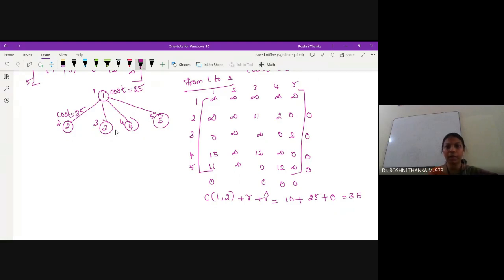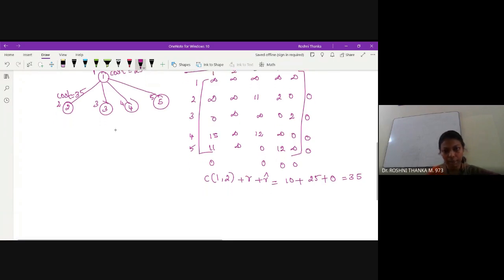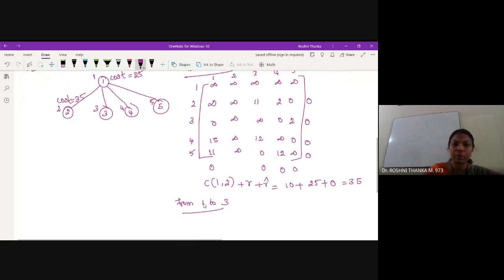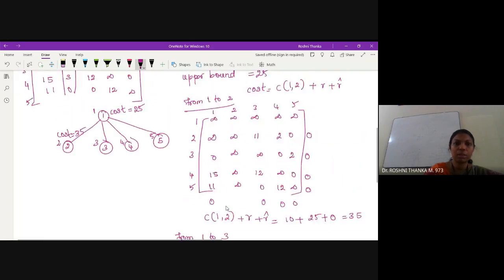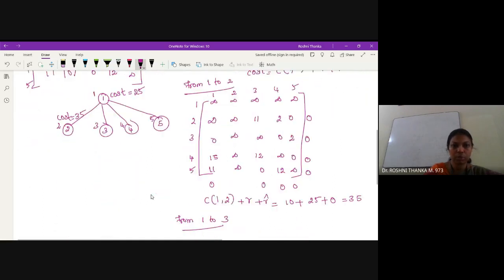So now we want to find the cost of moving from 1 to 3. Earlier we found moving from 1 to 2. Now similarly we have to find for 1 to 3. So this matrix will be updated, right?